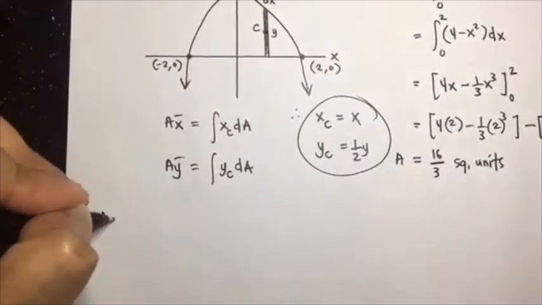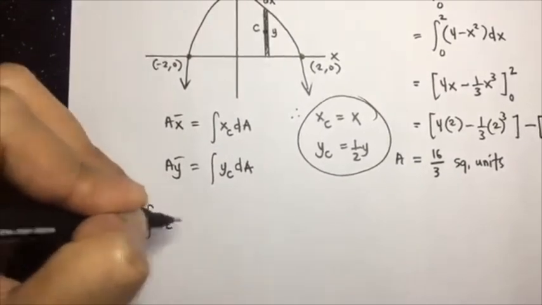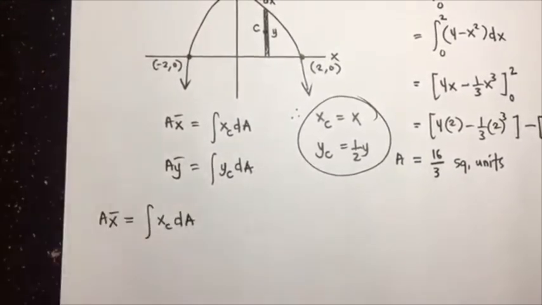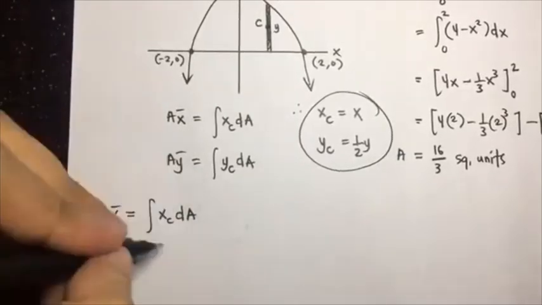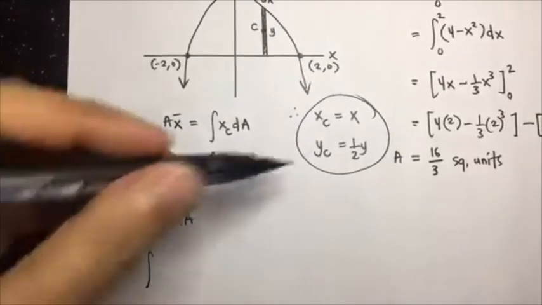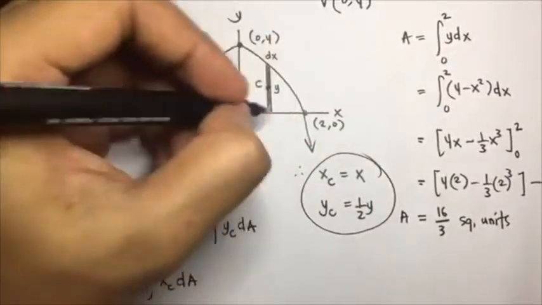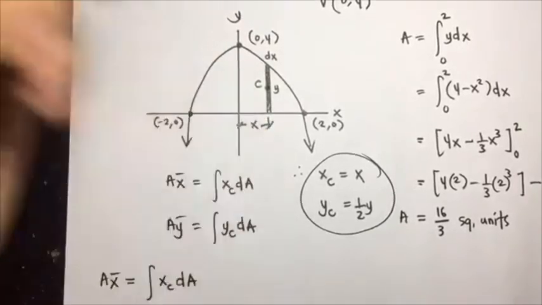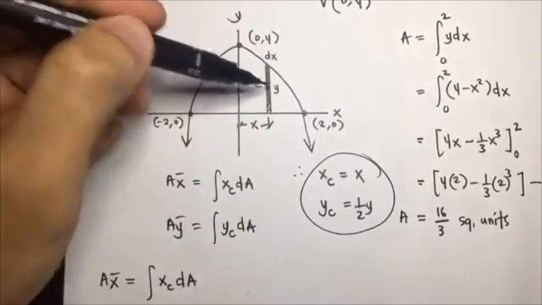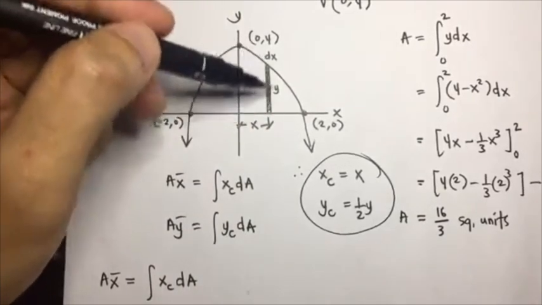So A x bar is equal to the integral of xc differential area. Again, xc is x, because that is the x coordinate of the centroid of the strip.